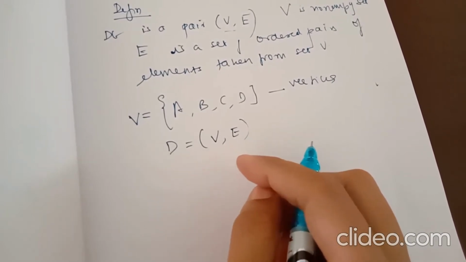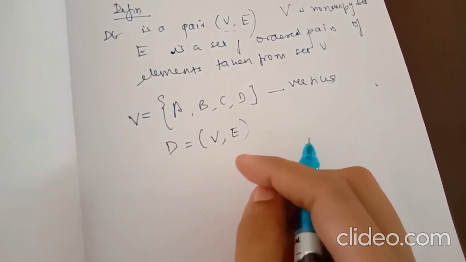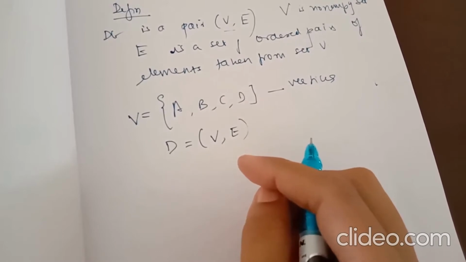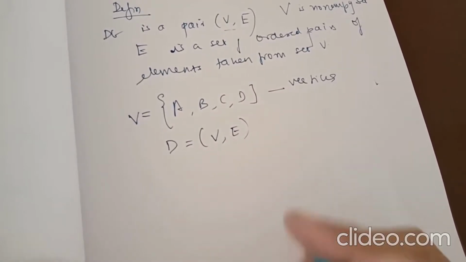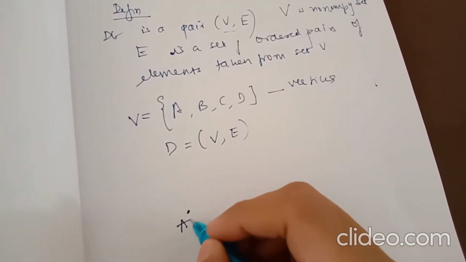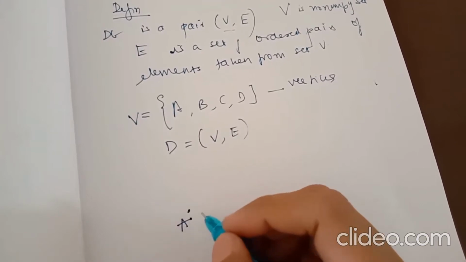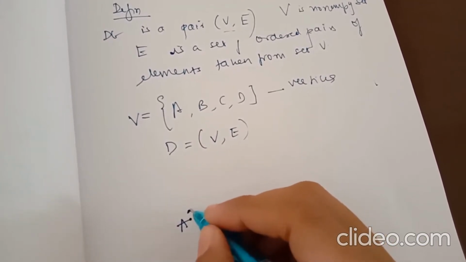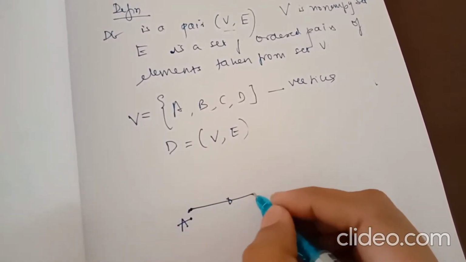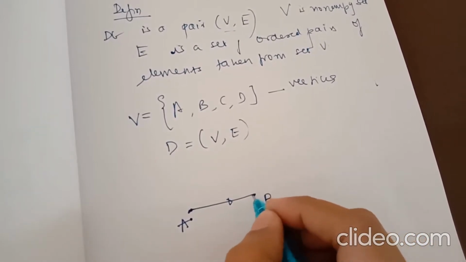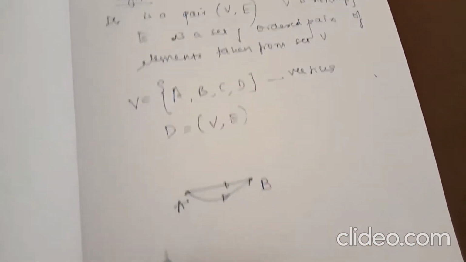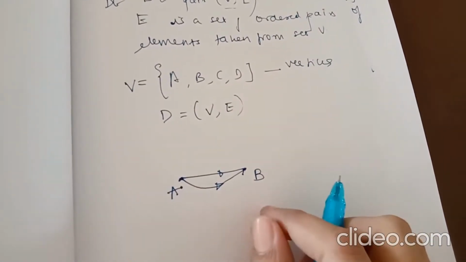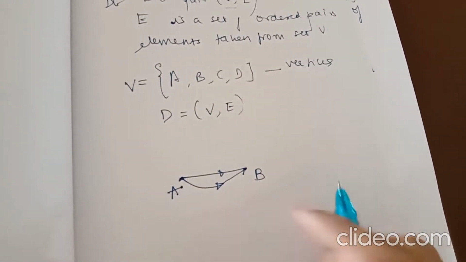So let's come to the next terminology. Let's say we have an initial vertex A, and the edges start from A and reach B, and once again we can have edges which start from A and end at B. So what are these called?